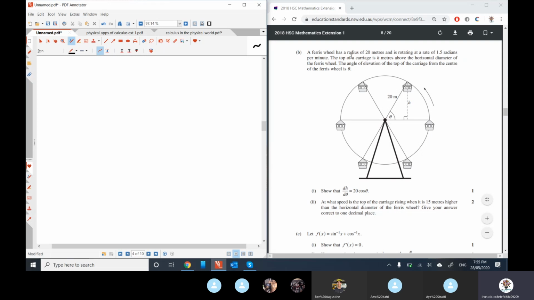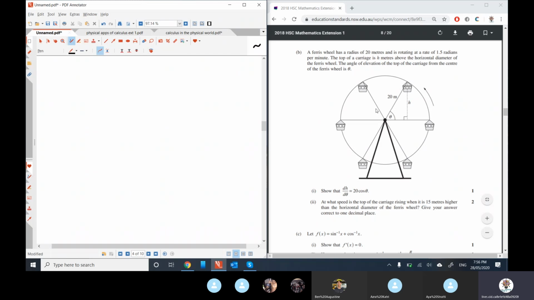A Ferris wheel has a radius of 20 meters and is rotating at a rate of 1.5 radians per minute. Radians is just degrees, obviously, but in terms of radians instead of degrees. So that's just the angle.